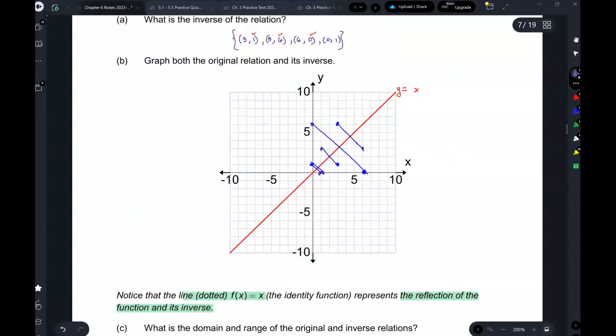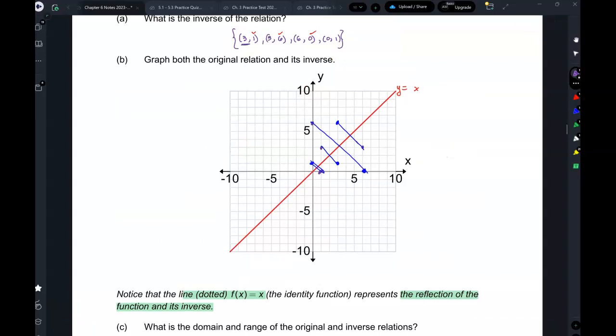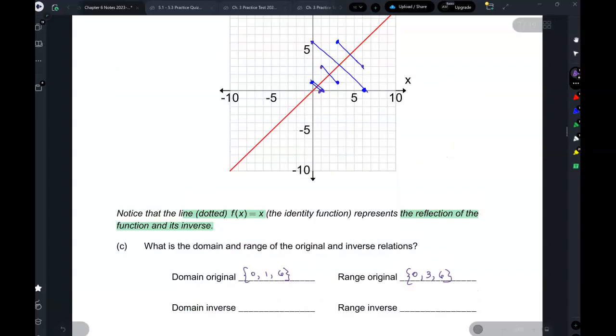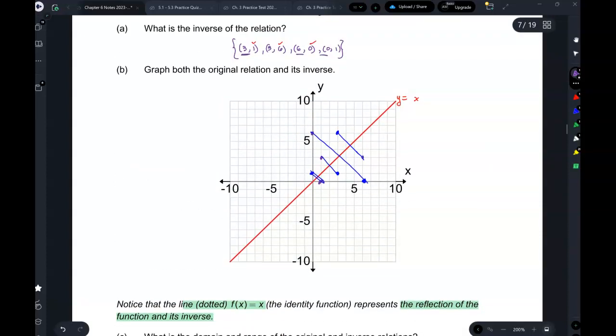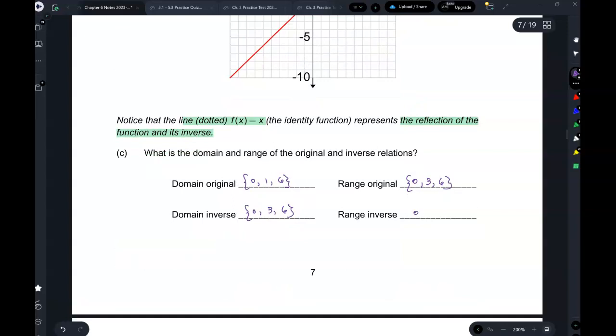The domain of the inverse here is 3, 6, and 0, so 0, 3, 6. And the range is 1, 6, and 0, so 0, 1, and 6, right? So do you see how the domain of the original became the range of the inverse and vice versa?